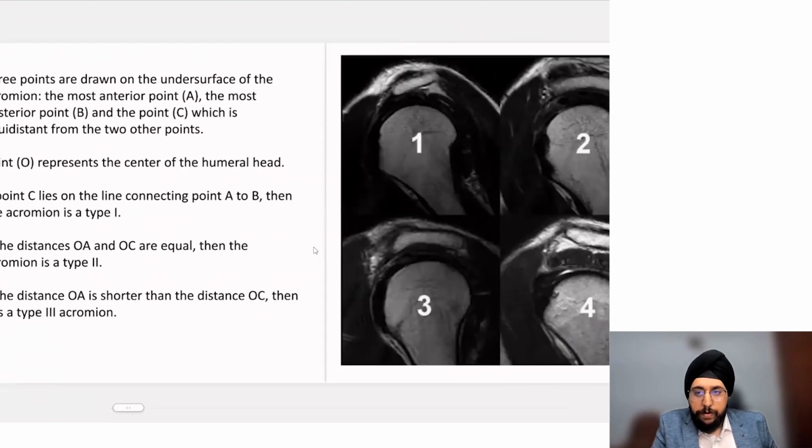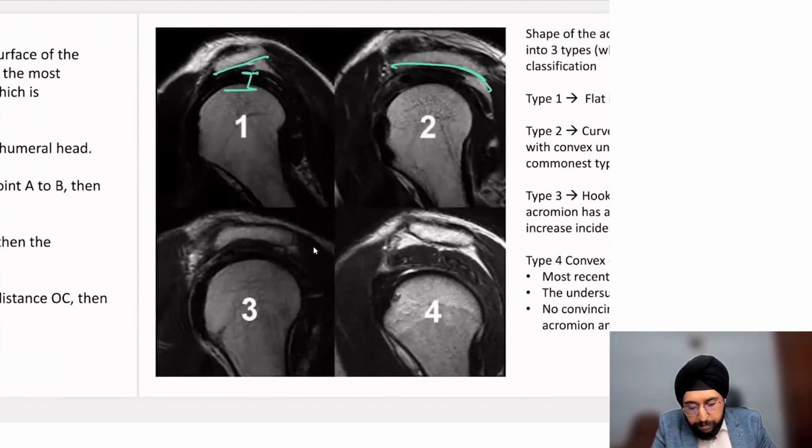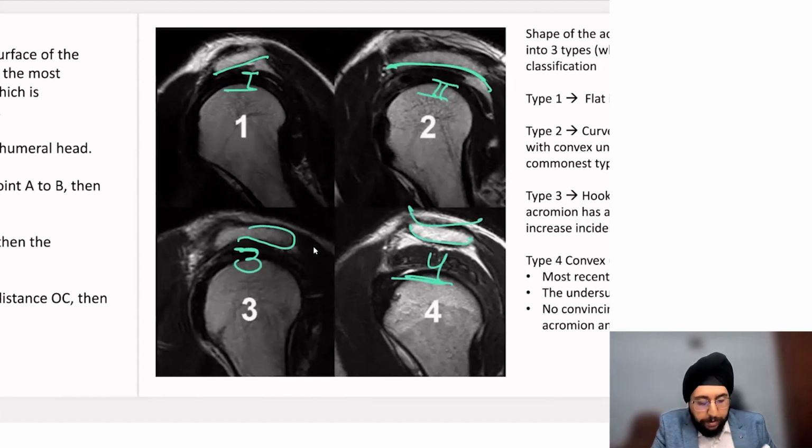Okay. So flattened, type 1, concave, type 2, hooked, type 3, concave upwards, type 4. Okay, so you see the maximum reduction in the subacromial space is seen in this case.